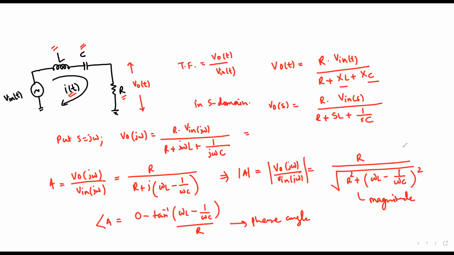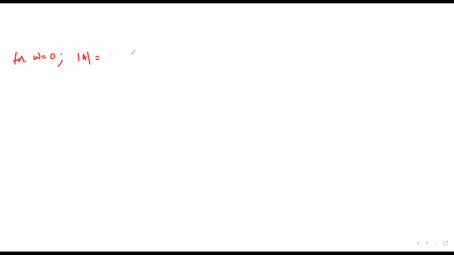So now once we obtain this, let's obtain the response of the output voltage at these frequencies. So at omega equal to 0, what the magnitude will take, let us focus on this expression. It would look like R divided by square root of R square plus 0 minus 1 over 0 whole square.